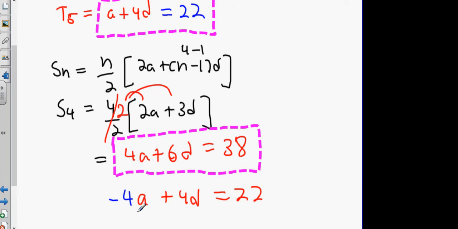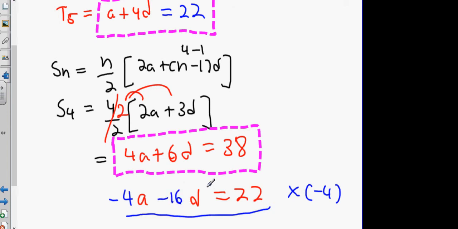So minus 4. What's minus 4 multiplied by 4? Minus 16d. And then minus 4 multiplied by 22 is going to be minus 88. And then it's just doing a simultaneous equation.